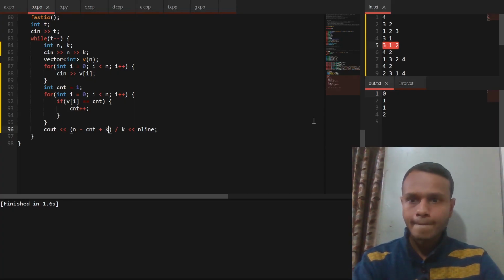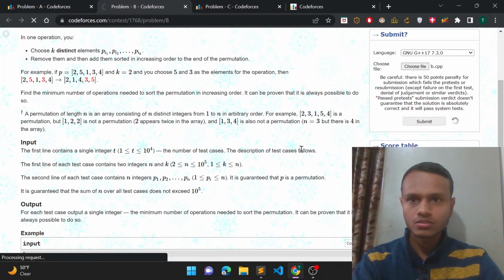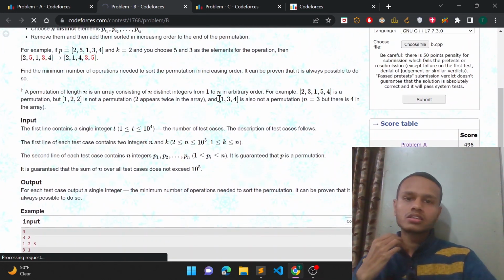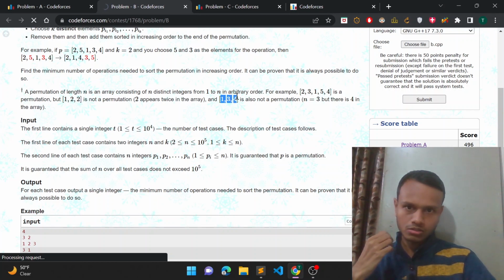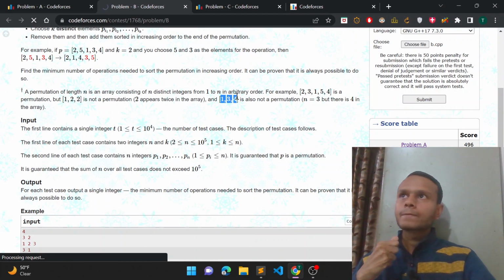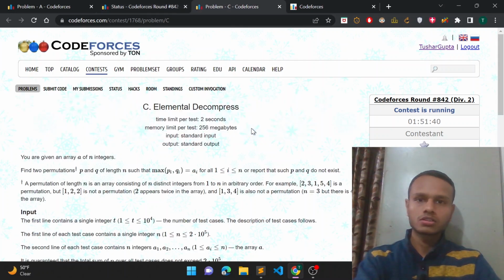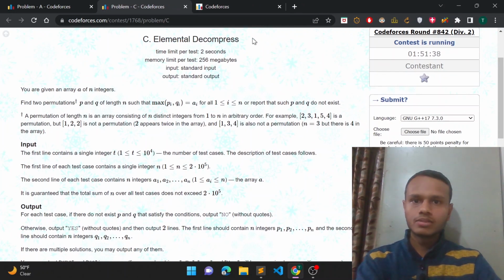I think this is fine. Because, yeah, let's say in this case 1 3 4. Now if let's say 2 is present in between these two elements, 3 and 4, oh, this fast, nice.